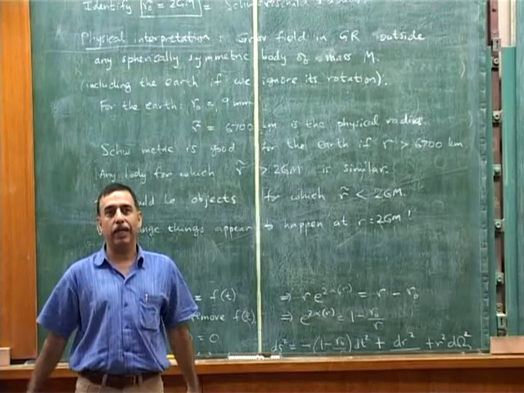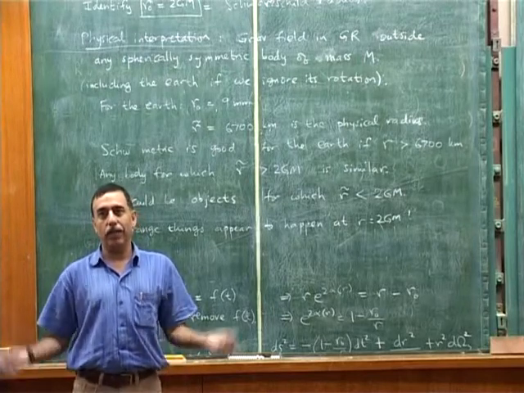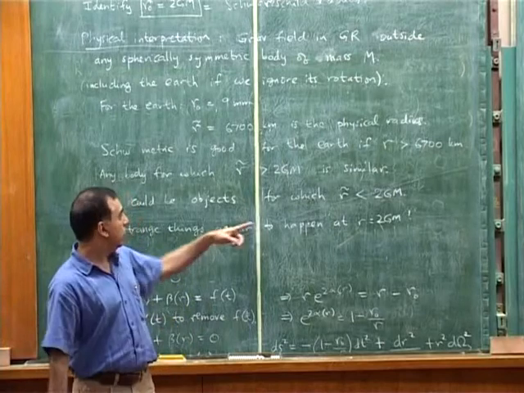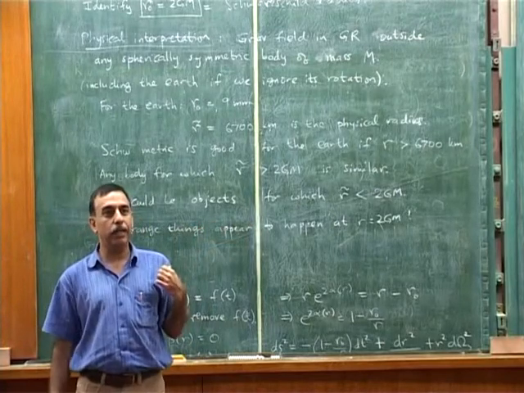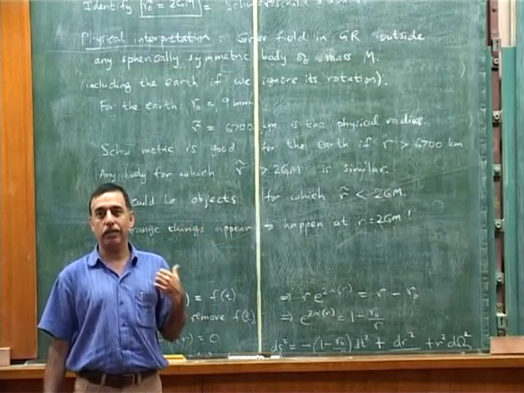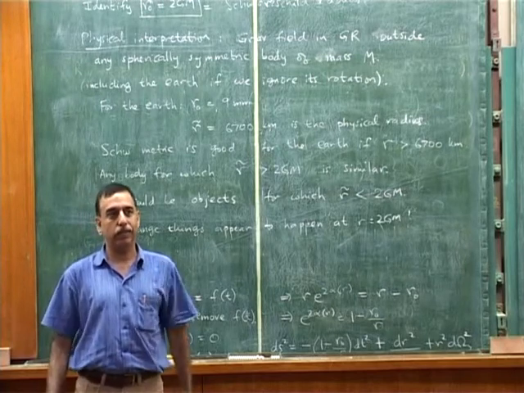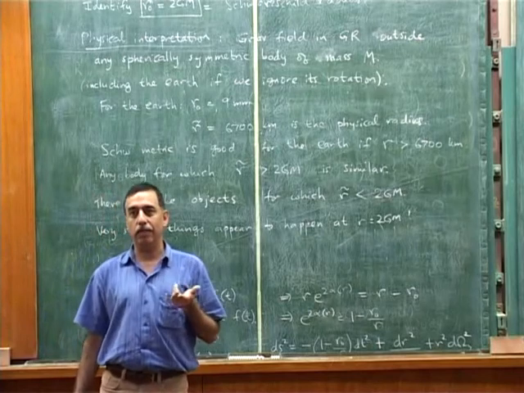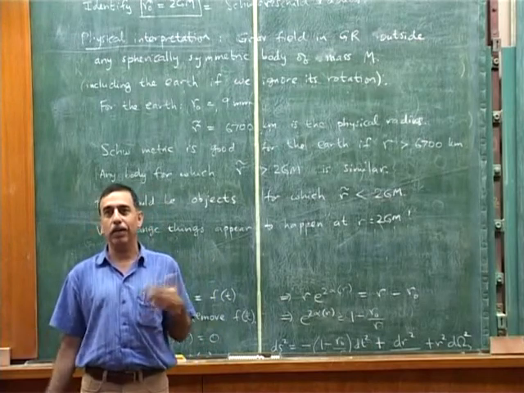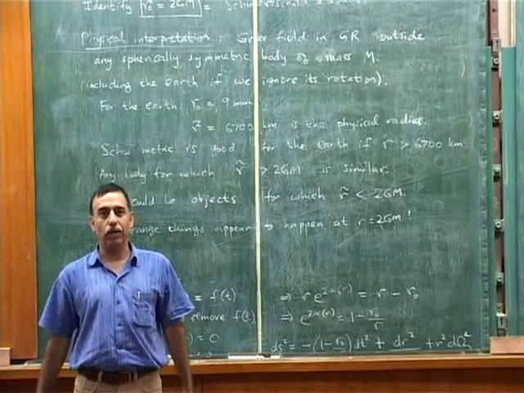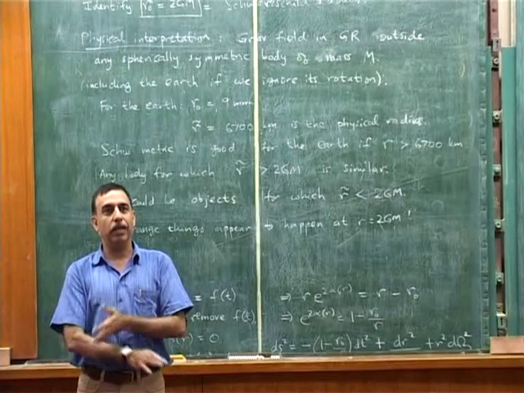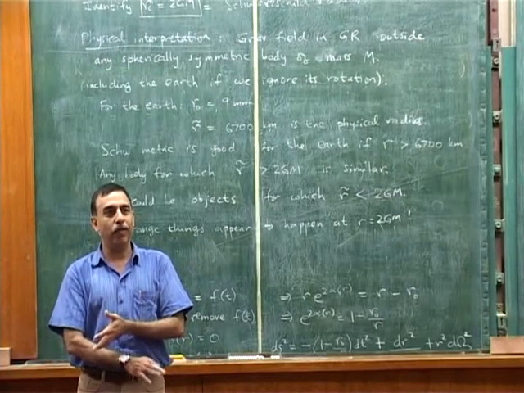Time is whatever has the negative signature in front of it. If they flip, it means that after r equals 2GM, once we go inside, what we used to call time has become space, and what we used to call space has become time. They've interchanged roles. It's lucky that they've interchanged. If both of them had become space-like or both had become time-like, one doesn't know what one would have done. But at least they interchanged roles smoothly, sort of.